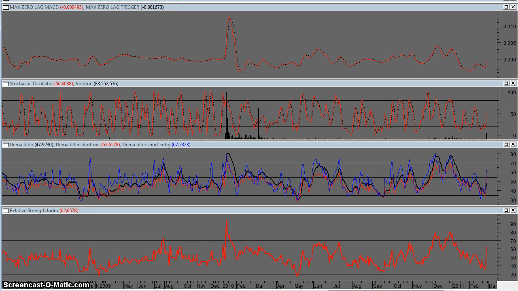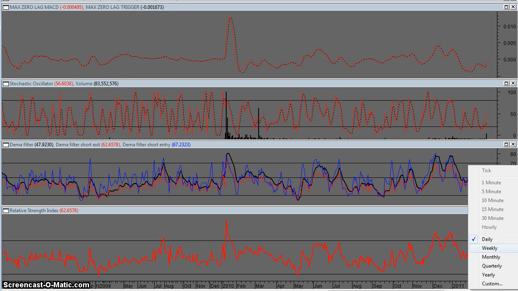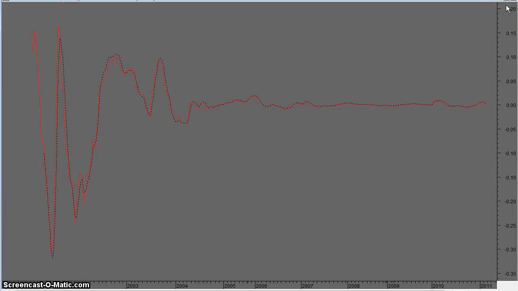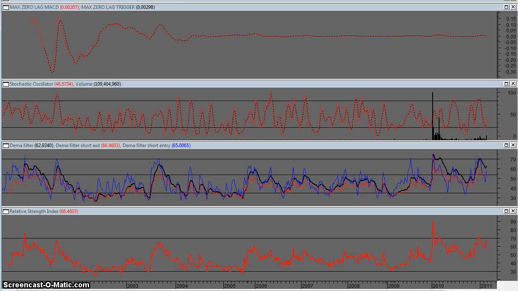Just going to have a look at the weekly charts indicators. DEMA on the weekly here, and SCOF and RSI are all turning up. And even our MACD hasn't turned up, which is strangely enough. So it's one day. If it gets another day or so, one would expect that would turn up as well.